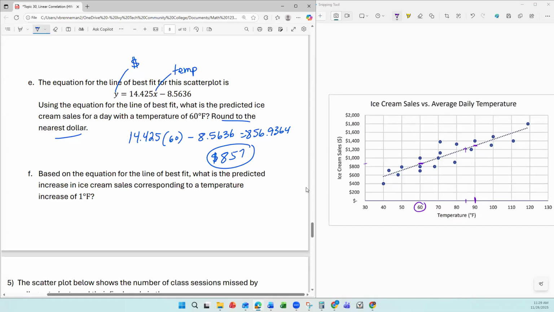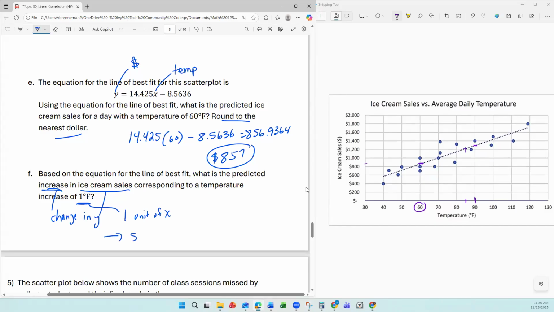All right, based on the equation for the line of best fit, what is the predicted increase in ice cream sales corresponding to a temperature increase of 1 degree Fahrenheit? When you start seeing increase and a 1 unit increase in something, that should start sounding familiar. A change in ice cream sales is y, and the 1 degree Fahrenheit is 1 unit of x.